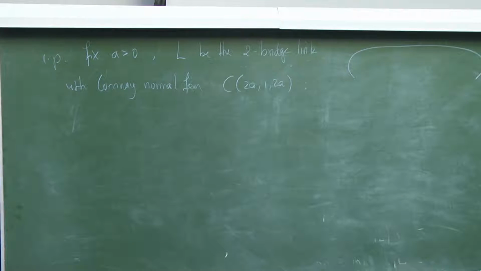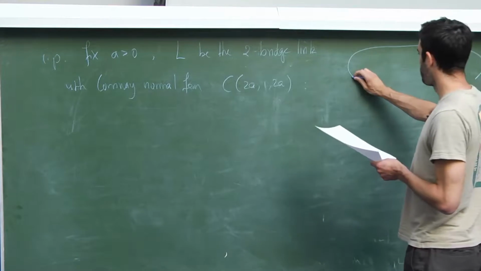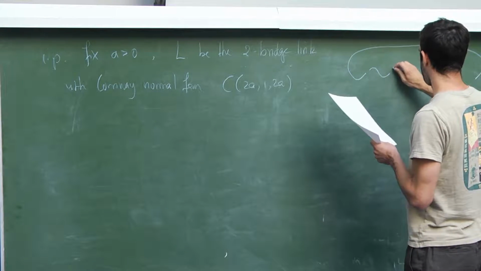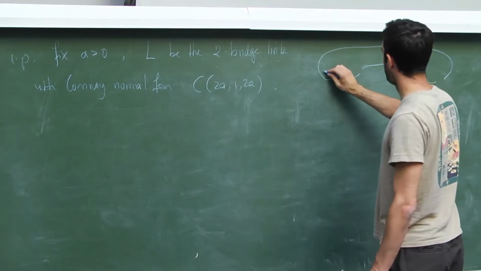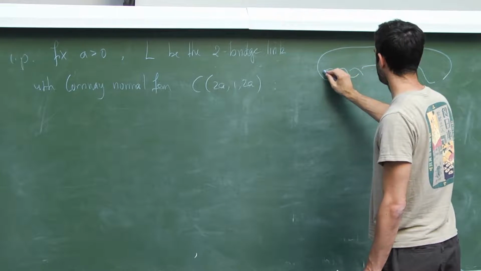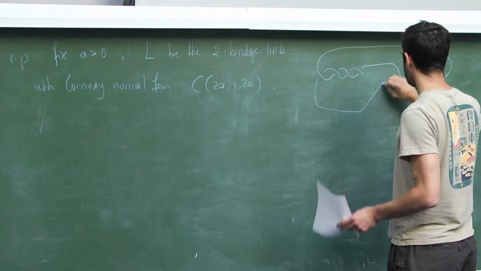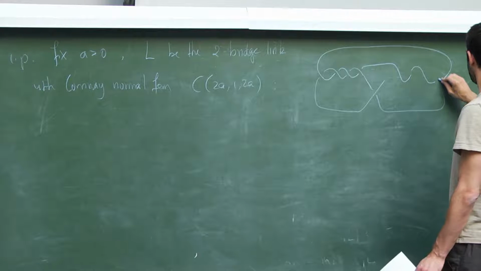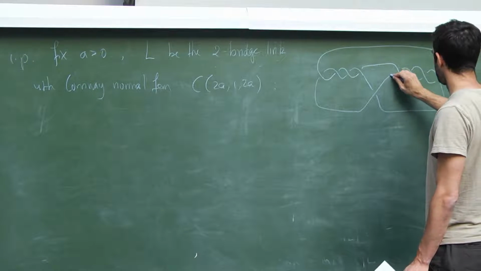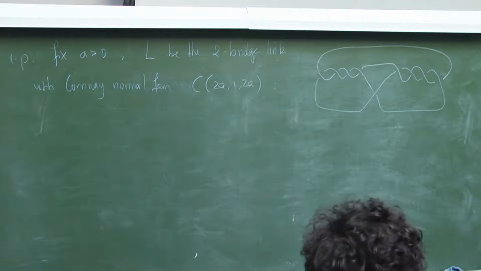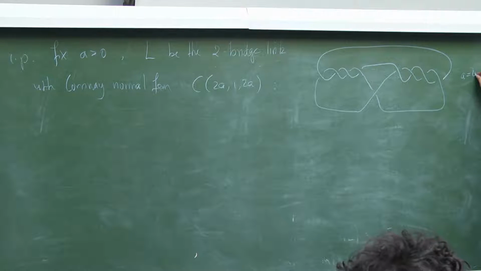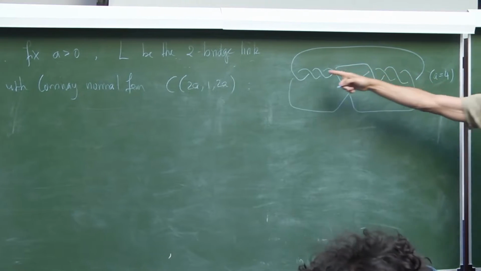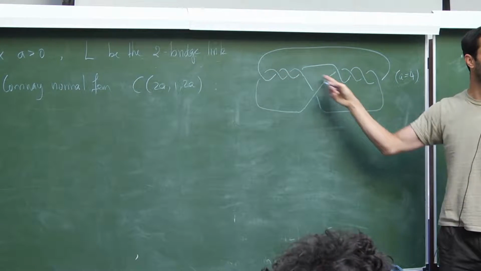I just have to see which one goes on top. I always get confused. So for example, this is the case A equals 4. And I guess you can guess a little bit the general form of this thing.